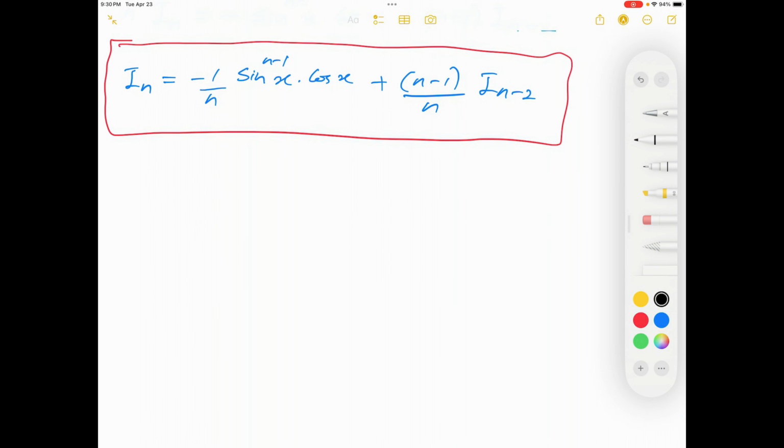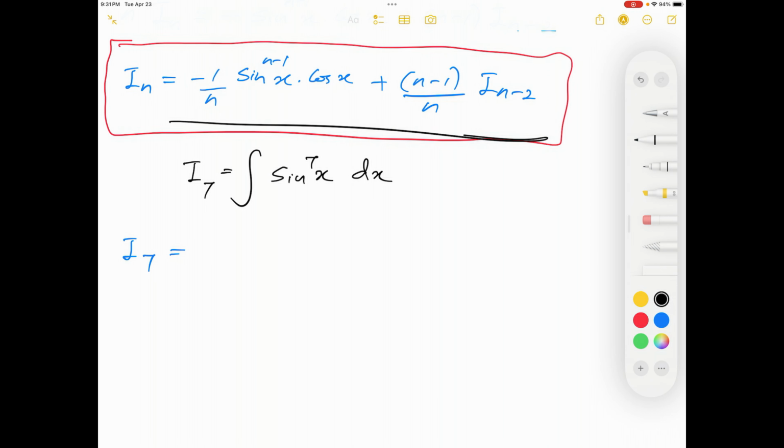Let's say for example, we need to evaluate the integral of sine 7th power x dx. In that case, I need to identify this as I sub 7. Our task is to find I sub 7.